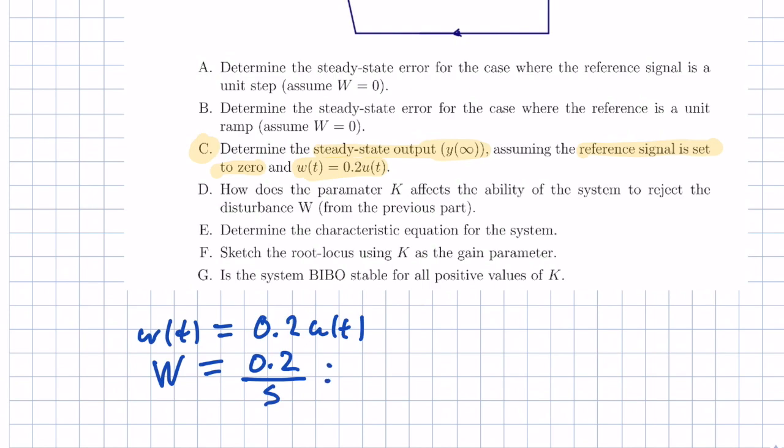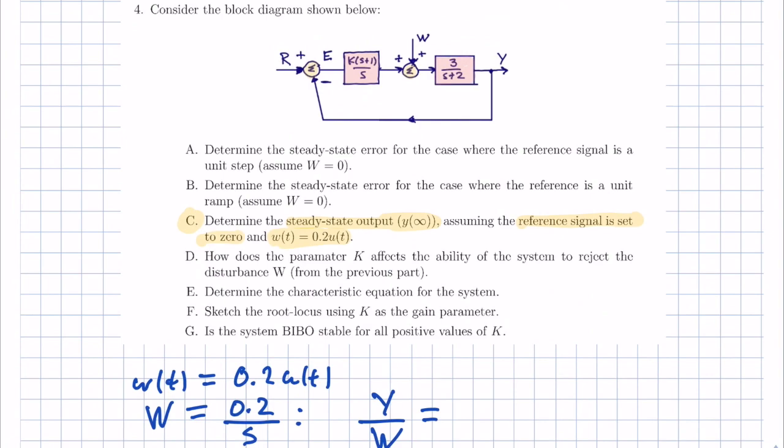We also know the transfer function between y and w. All right, so y over w, we derived this in class. That would be, all right, we have to identify these parts again. Here's g, here's d. Y over w is g over 1 plus dg.